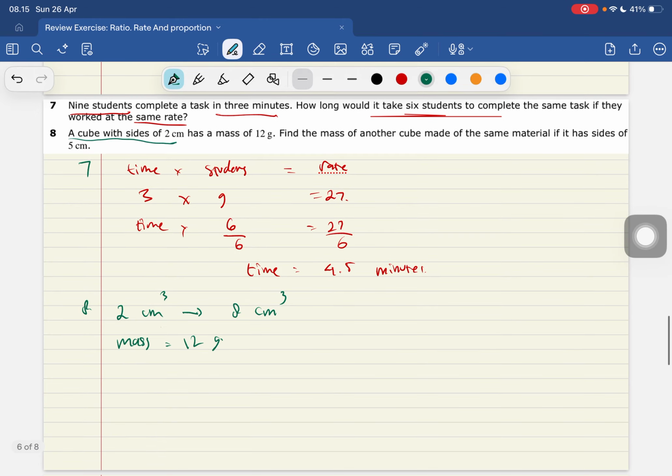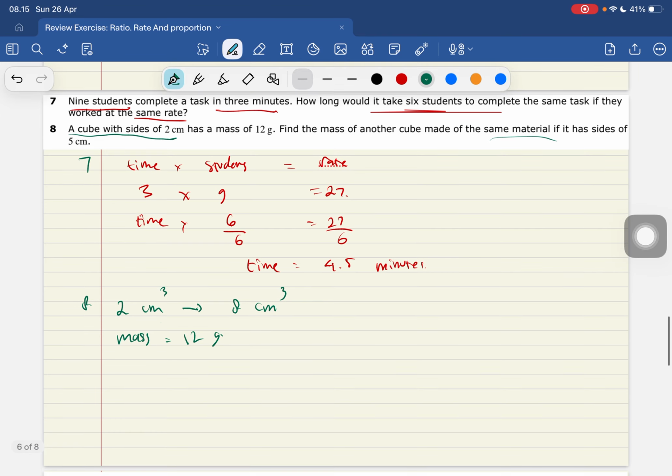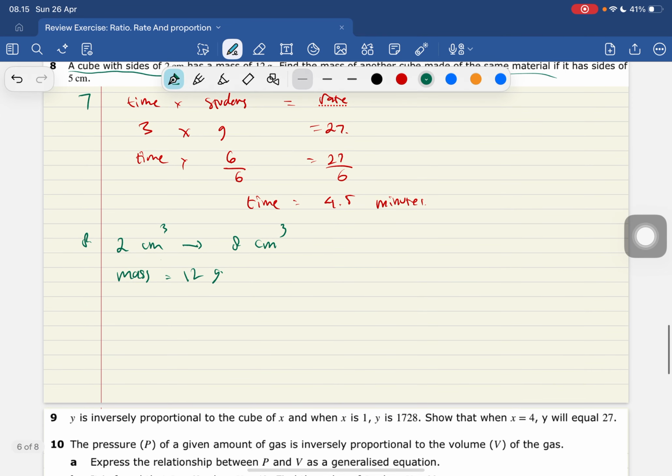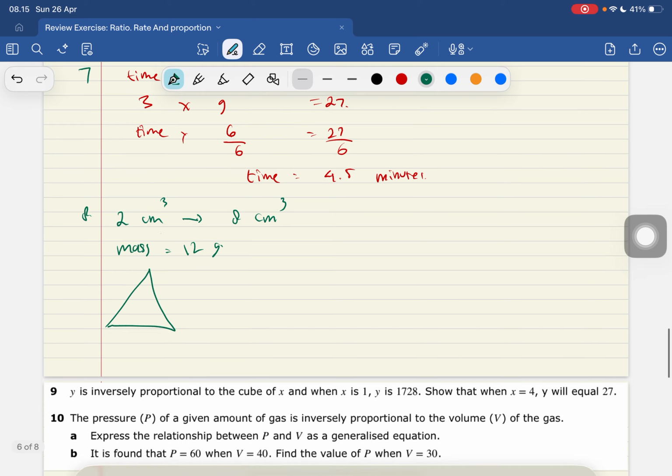So first, this is the same material, so the densities are equal. We need to remember this triangle. This is the mass, here's the volume, and this is the density.